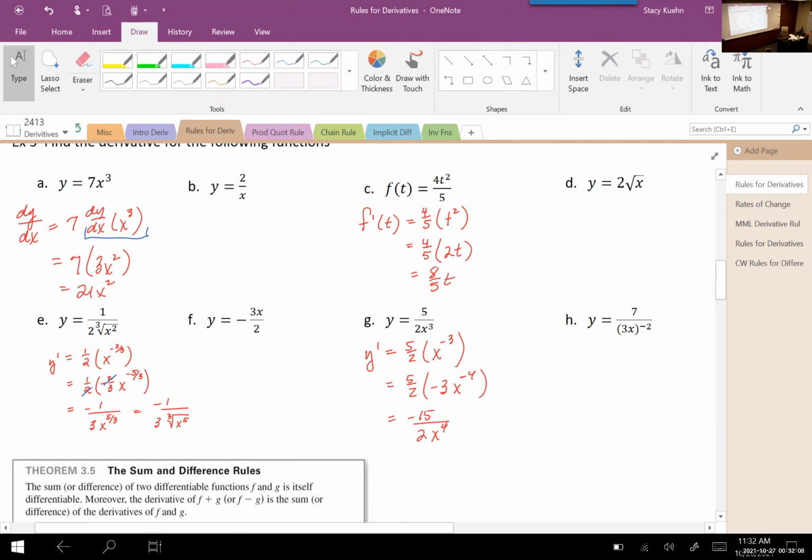Well, this one's not correct. All you do is write x to the -1, correct? You converted this to 2 times x to the -1, right? Yes. So that's not taking the derivative, that's just rewriting it. Yeah, that's all we did up here.